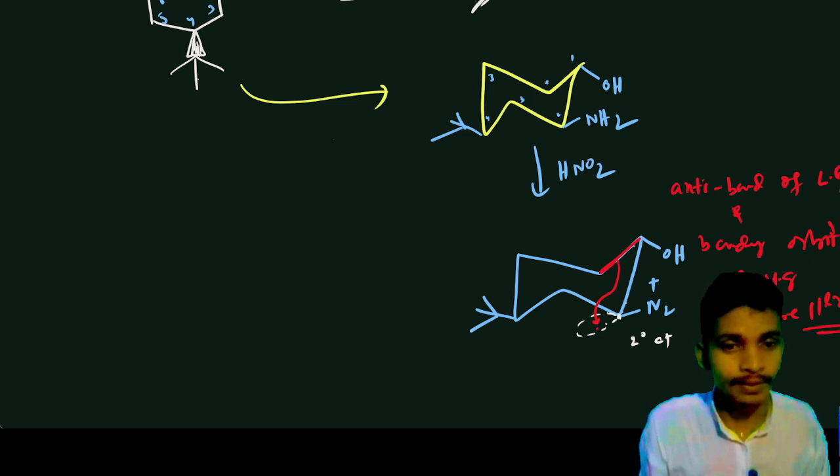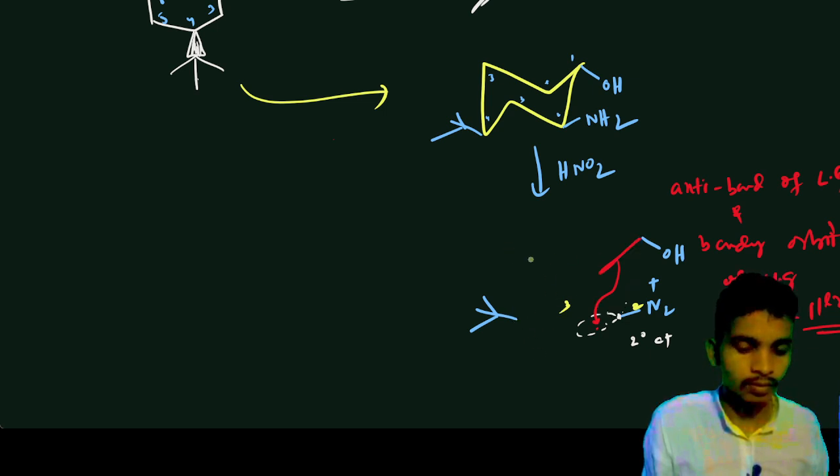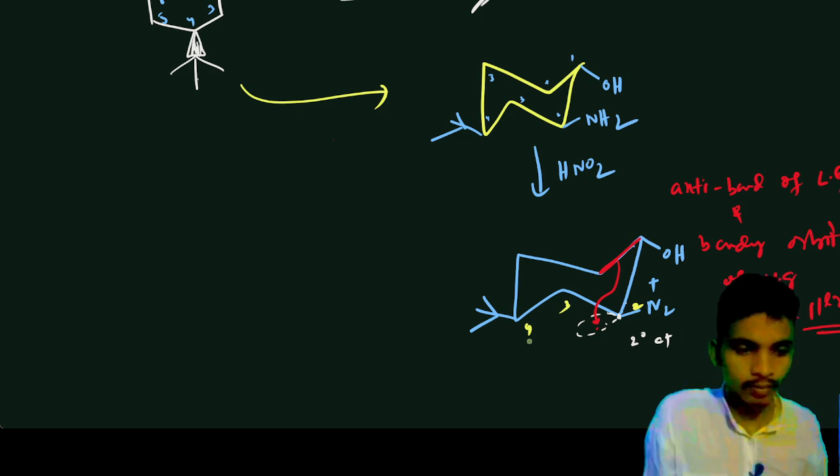So name it. If I name this one, let's say this is 1, this is 2, 3, this is 4, this is 5, this is 6.